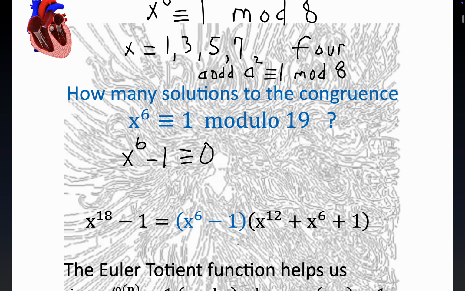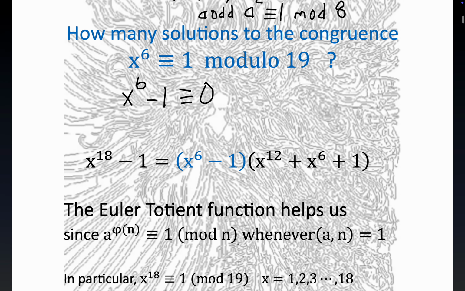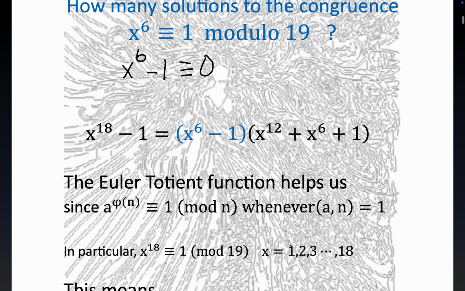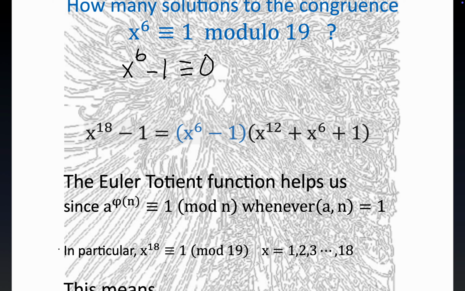Now there's something that comes in quite handy called the Euler Totient function. And this is always true: a raised to the phi of n is congruent to 1 mod n whenever a and n are relatively prime. So in particular, we get a, and let me write this, y'all might have a hard time making this phi.